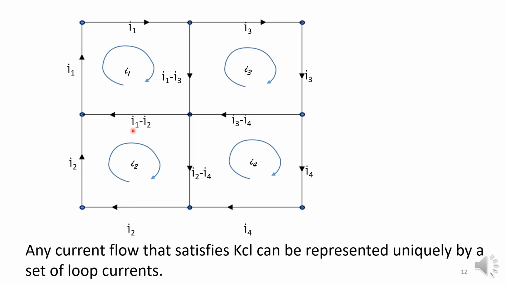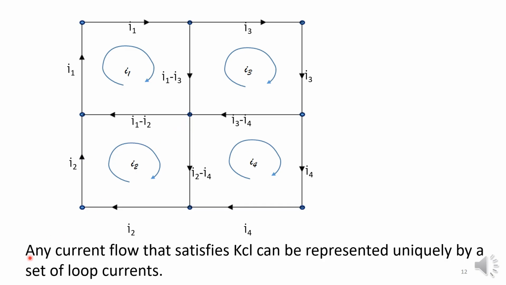So you can see that for any setup here, Kirchhoff's current law will be satisfied. For any value of I1, I2, I3, I4 that I use, Kirchhoff's current law will be satisfied.